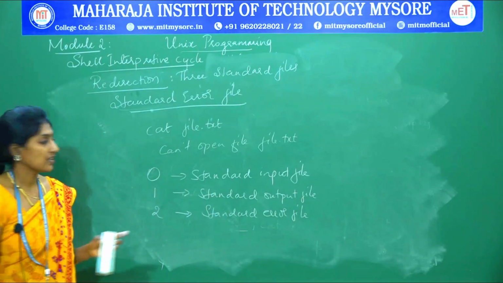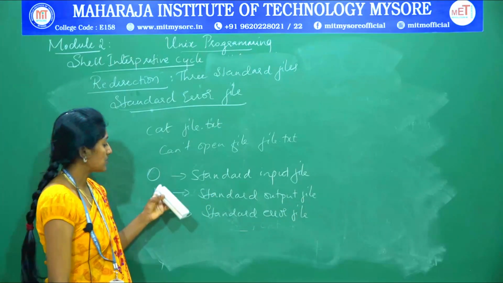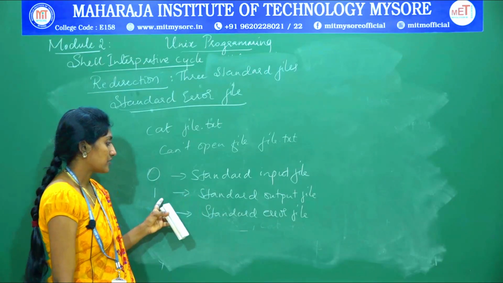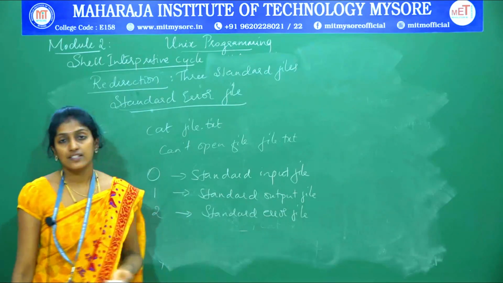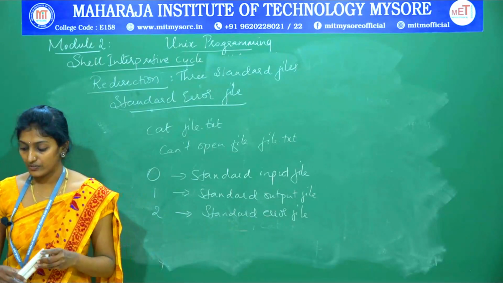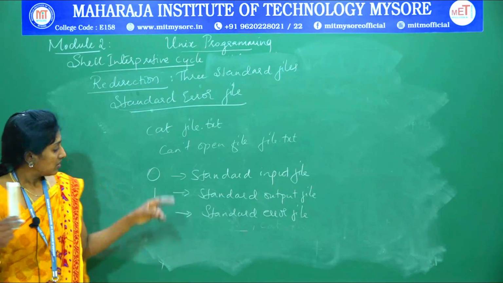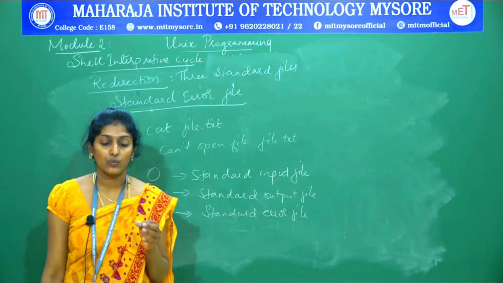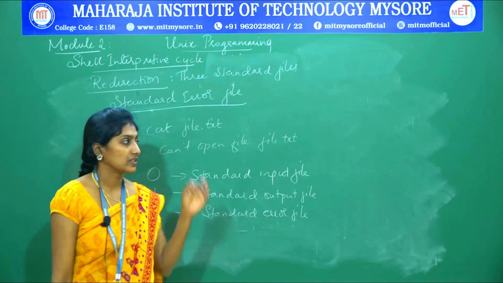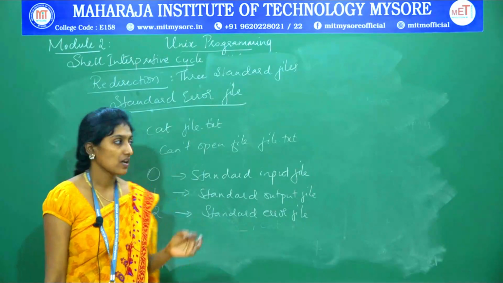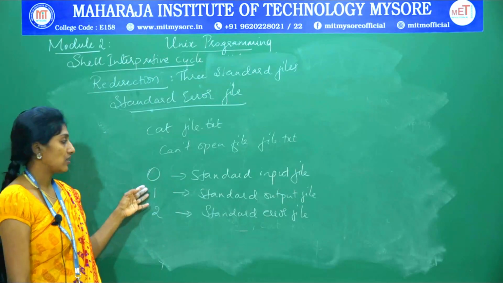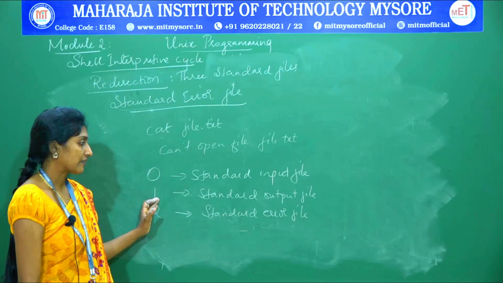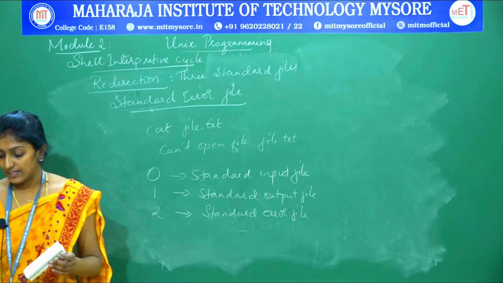So these are the 3 file descriptor numbers which are used for what? Displaying whether it is of the input file, whether it is of the standard output file, or an error message which is displayed with that file. So always, once you are using this stream of data with these 3 standard files, a file descriptor number has been associated with all these 3 standard files: 0 for input, 1 for output and 2 for standard error.